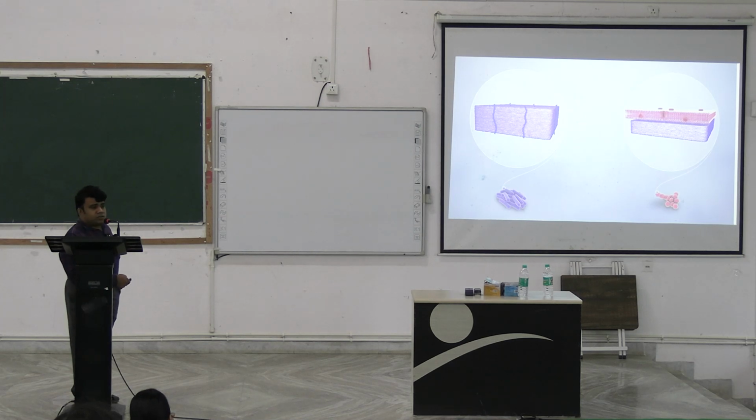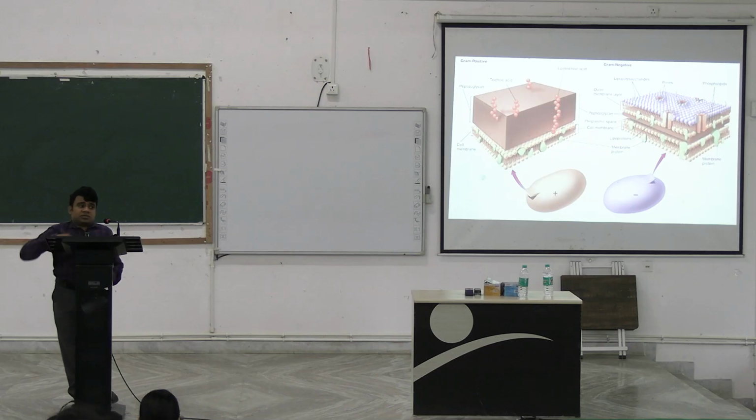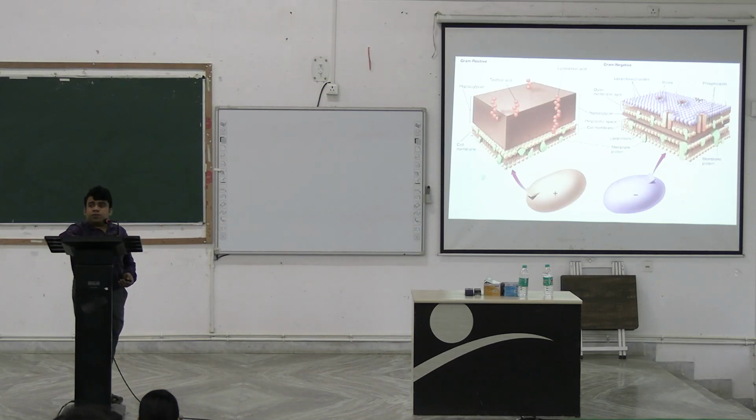There is something bluish in color that is very huge in size, whereas over here the same material is present but the size is very small, right? And there is an additional layer on the outside. Can you appreciate the difference? Okay. Now, this is the main difference between a gram positive and gram negative cell wall.